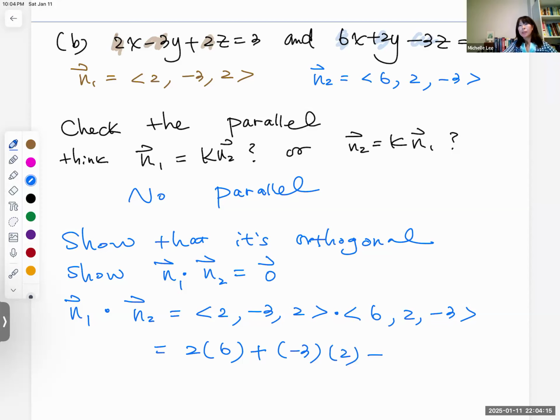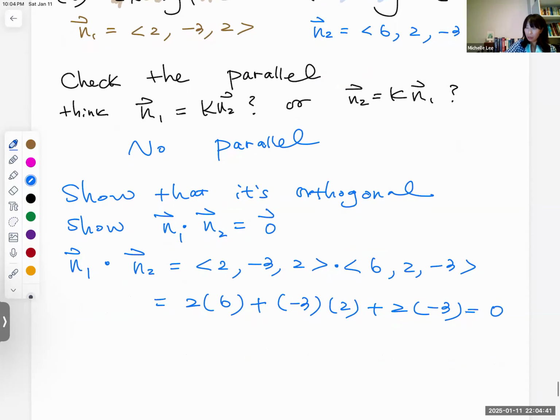Can you please calculate? 0. Good job. So we don't have to find the angle theta then. Since this is 0, it's orthogonal. The planes are orthogonal.